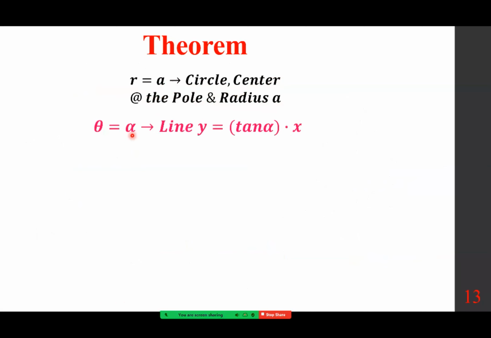When theta is a number, theta equals alpha, then the line is y equals tan alpha times x, because the technique is to take the tangent of both sides and replace the tangent with y over x. And so it ends up being y equals tan alpha times x.